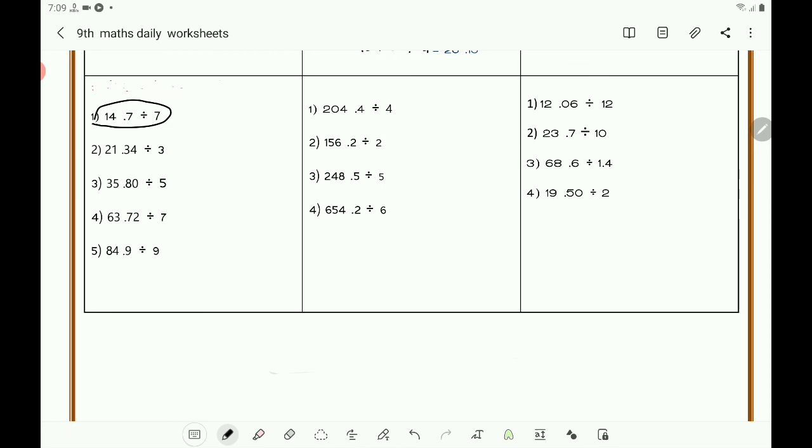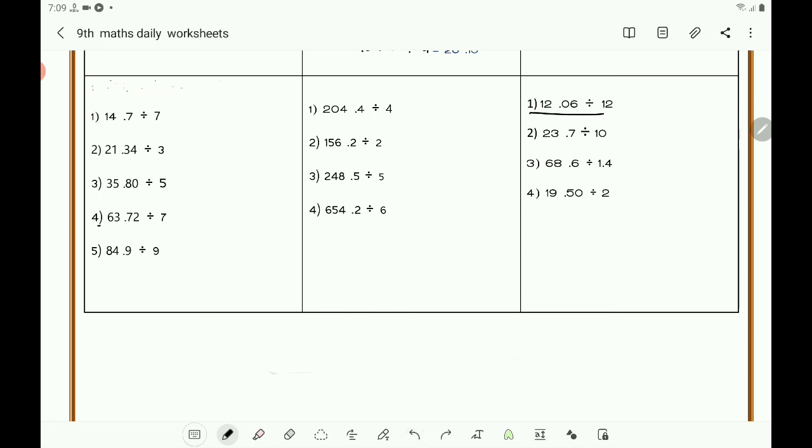14.7 divided by 7. 21.34 divided by 3. 35.80 divided by 5. 63.72 divided by 7. 84.9 divided by 9. 204.4 divided by 4. 156.2 divided by 2. 248.5 divided by 5. 654.2 divided by 6.